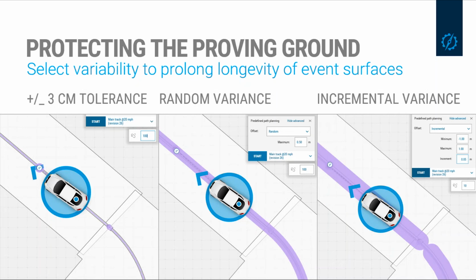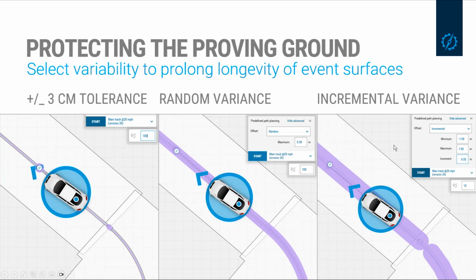There's always some variance in the vehicle, but it's commanding the vehicle to drive back within that 3 centimeter tolerance at all times. In the center panel here, you can see we have the ability to introduce some random variability. In this instance, I have assigned a 1/2 meter tolerance. And Mobius, as the vehicle makes different paths, will step off of the main path within that tolerance to prevent wear and tear occurring in the very specific location.